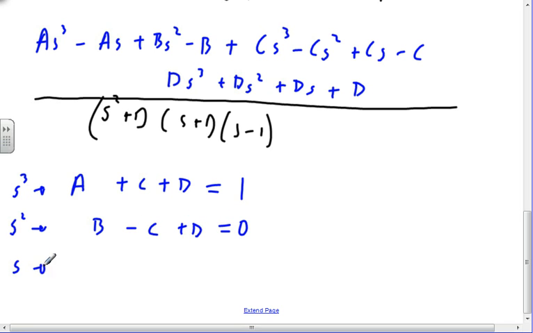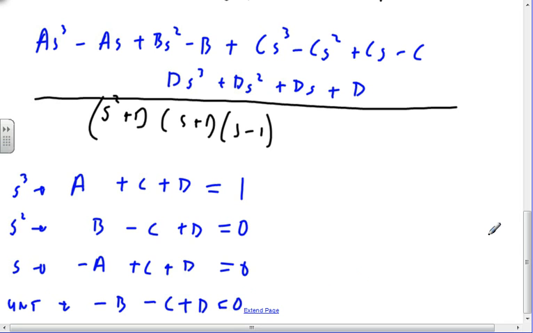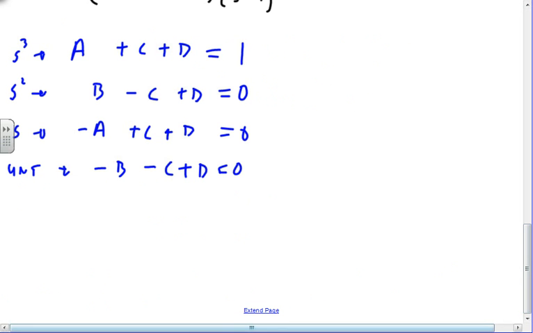And the s term, minus A plus C plus D, which is 0. And the unit term is minus B minus C plus D, which is 0. Okay, cooking with gas, everything's fine.